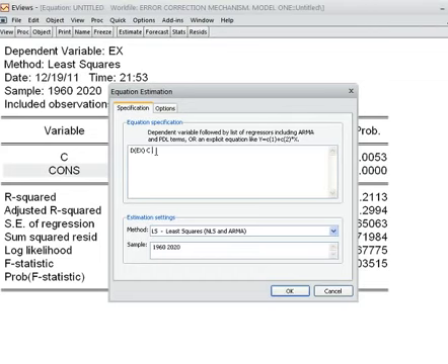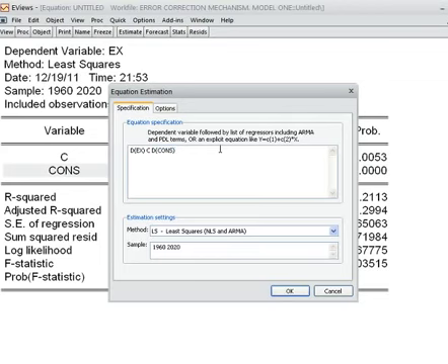Then I put our next variable, which is cons. What is cons? Cons is the independent variable. And what is dcons? Dcons is the first difference of the cons variable, meaning that cons has become stationary after first difference.